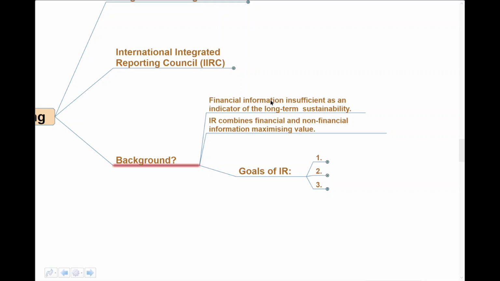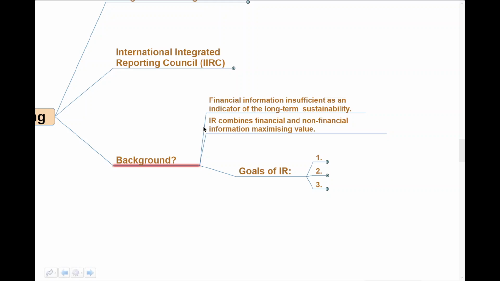When we think about the long-term sustainability of the company, in other words, its existence over the long term, financial information isn't really good enough for numerous reasons. But the first reason is it's historic. It's not forward-looking, okay?